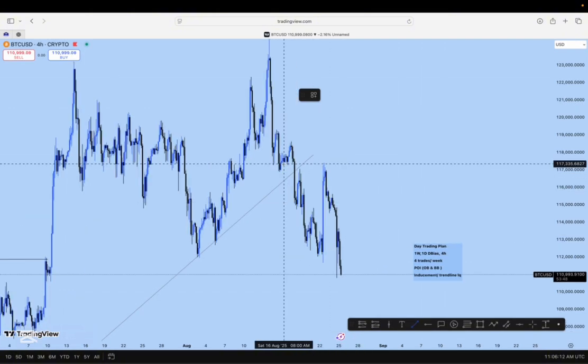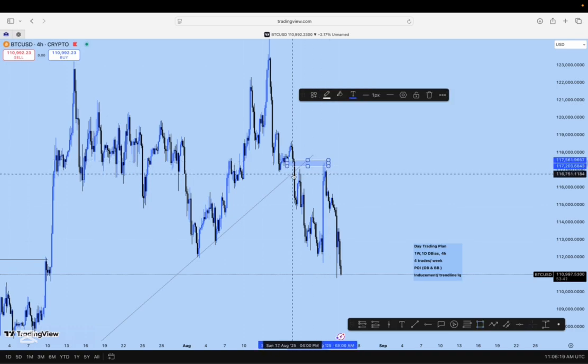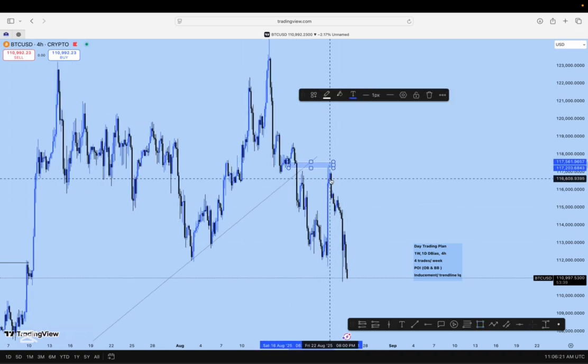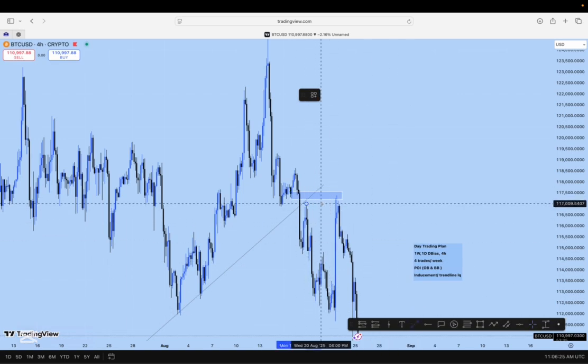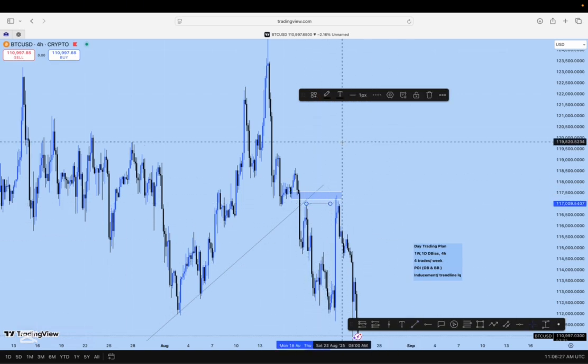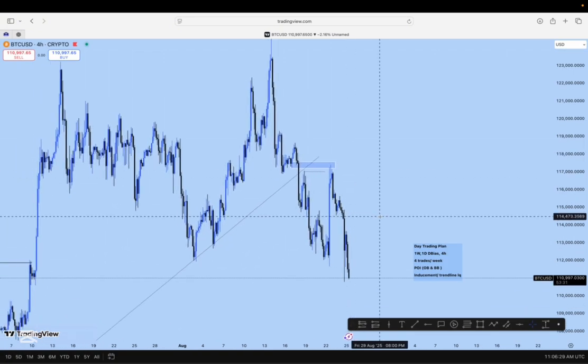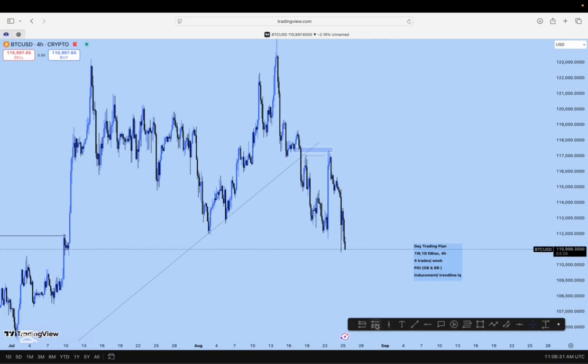So we had a breaker block here that the market didn't respect. So here is our inducement liquidity. I saw this, but I couldn't take that trade.